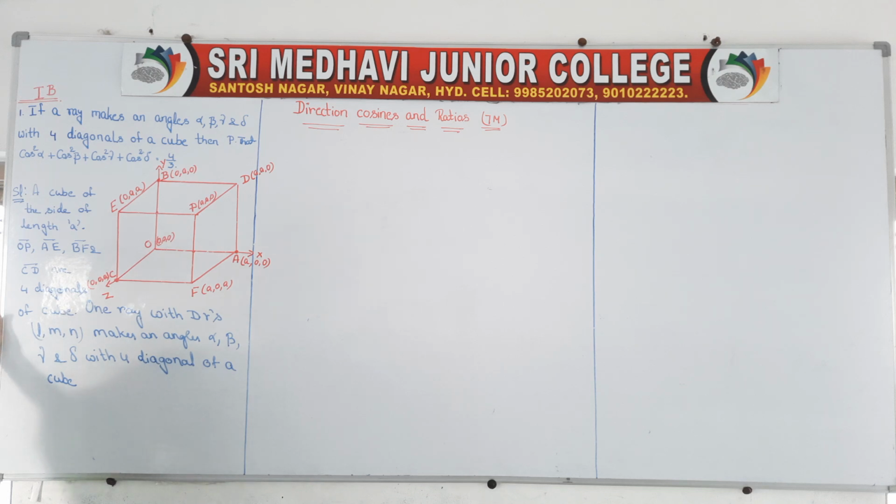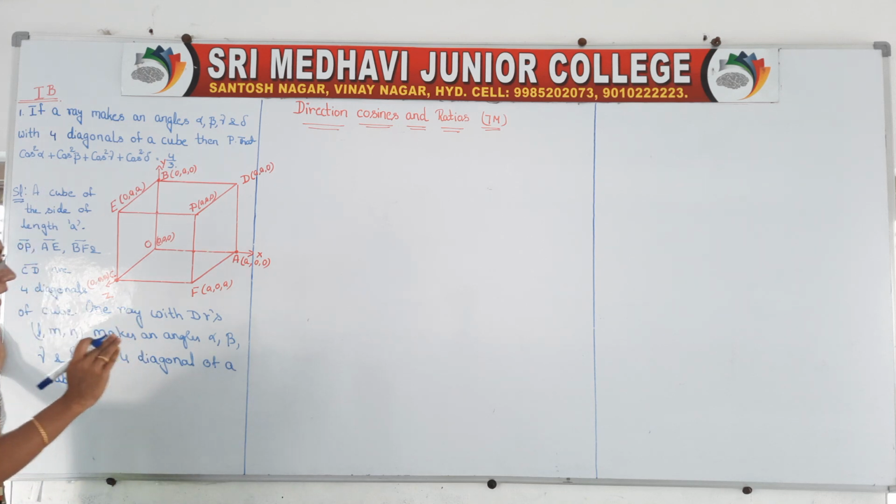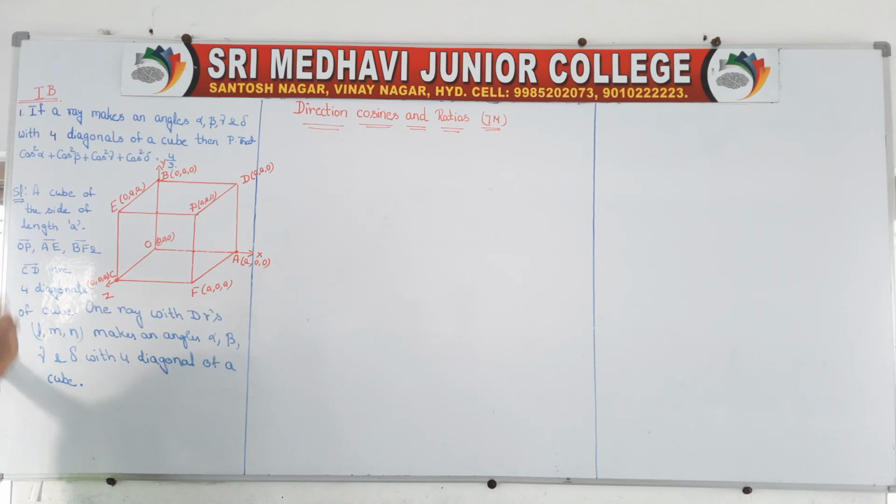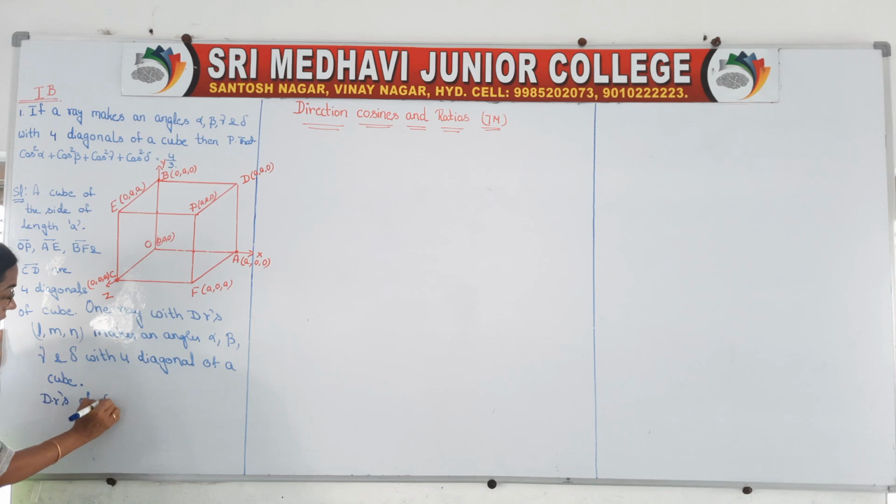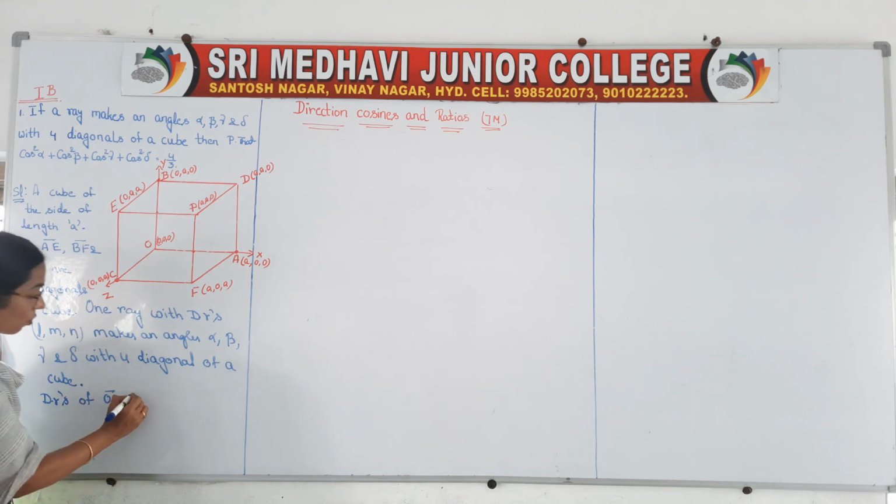We have to prove it. So first you find cos alpha. What is cos alpha? It is the angle between the ray and the first diagonal OP bar. For that we need the direction ratios of OP bar. How will we find the direction ratios of OP bar?